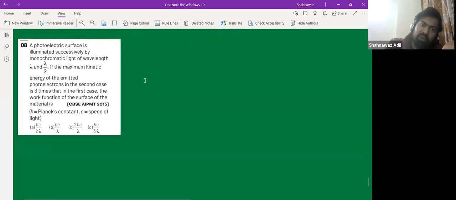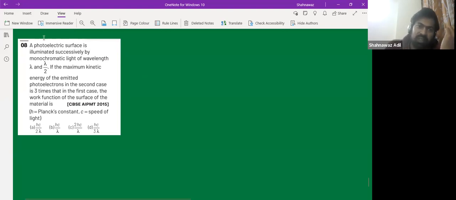Okay, so a photoelectric surface is illuminated successively by monochromatic light of wavelength lambda and lambda by 2. If the maximum kinetic energy of the emitted photoelectrons in the second case is 3 times that in the first case, find the work function of the surface of the material.